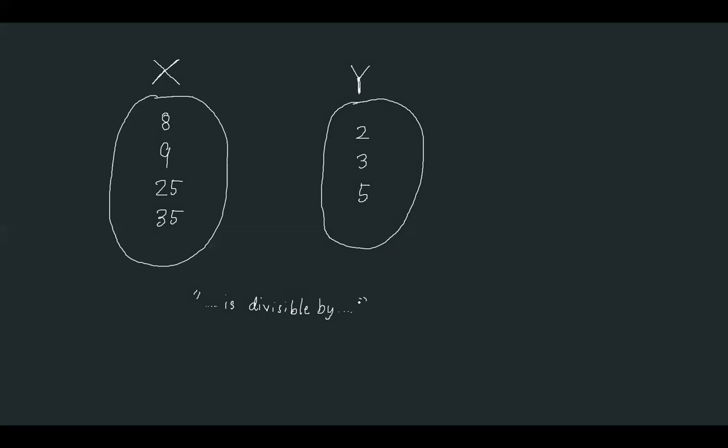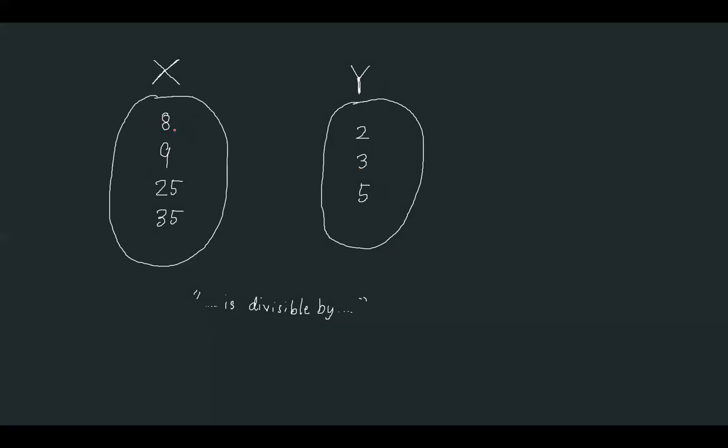The next thing I'm going to do is match the numbers from set X to set Y based on the given statement. Basically, the numbers from X are divisible by the numbers from set Y. So we're going to match the numbers from this set to the numbers in set Y based on the condition.